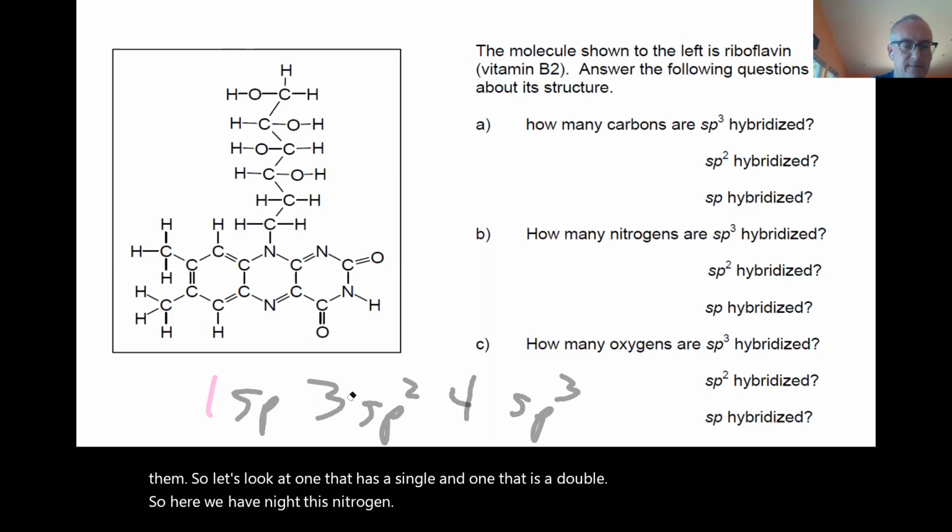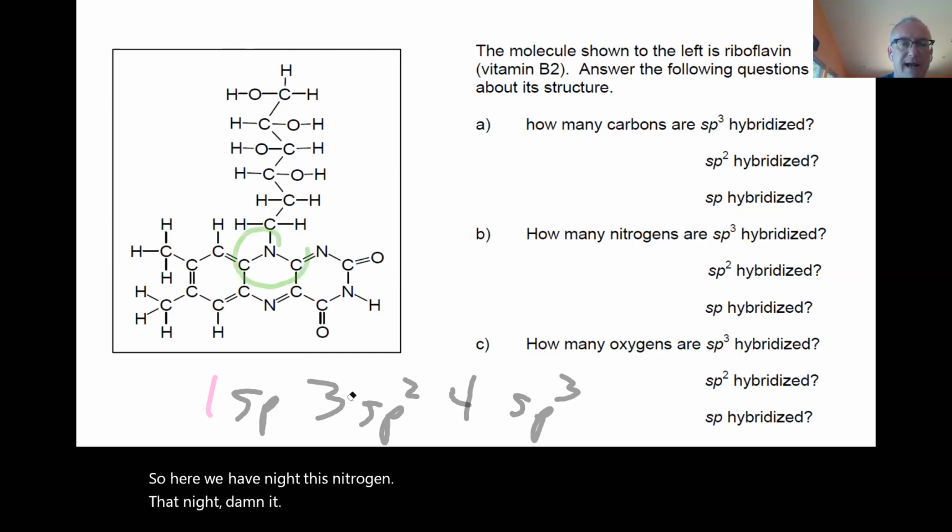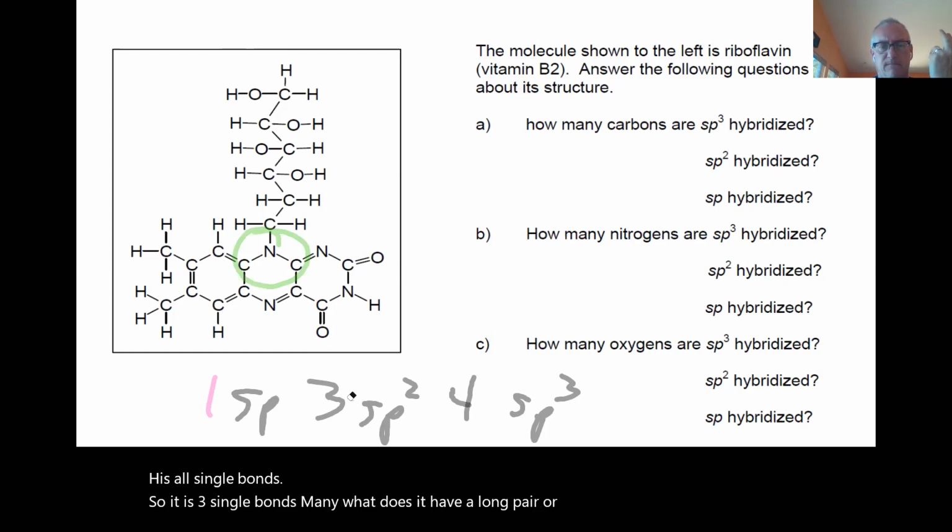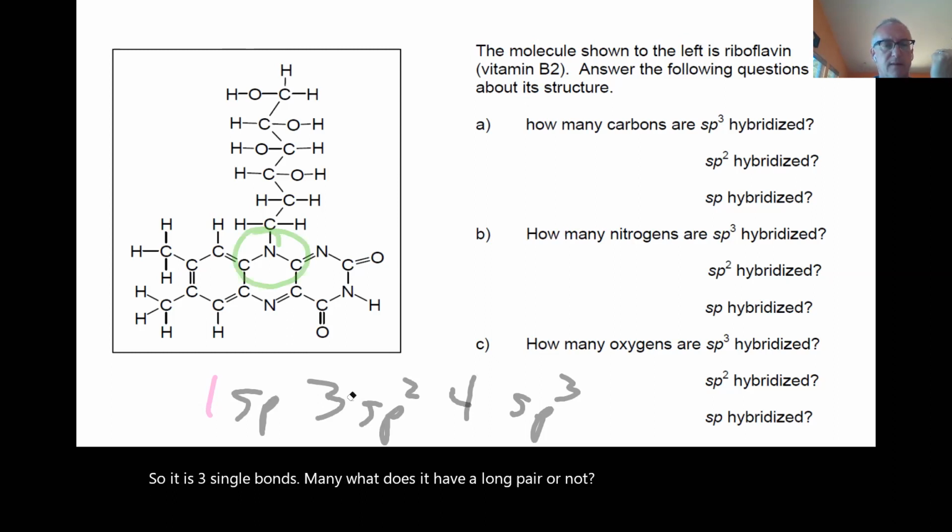That nitrogen there has all single bonds, right? So if it has 3 single bonds, what does it have, a lone pair or not? Yes, at the bottom. It should have a lone pair there.